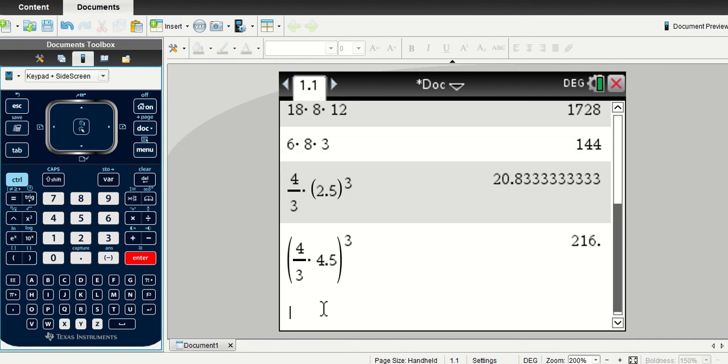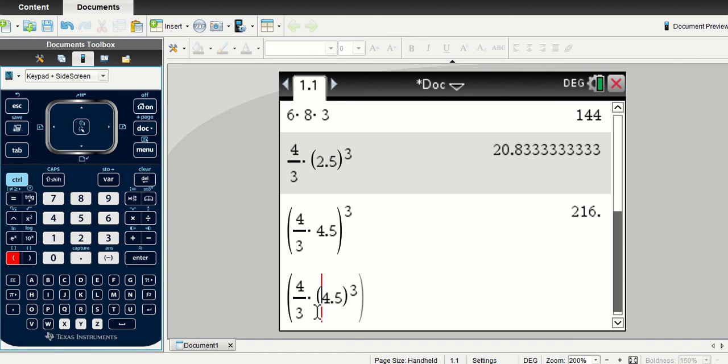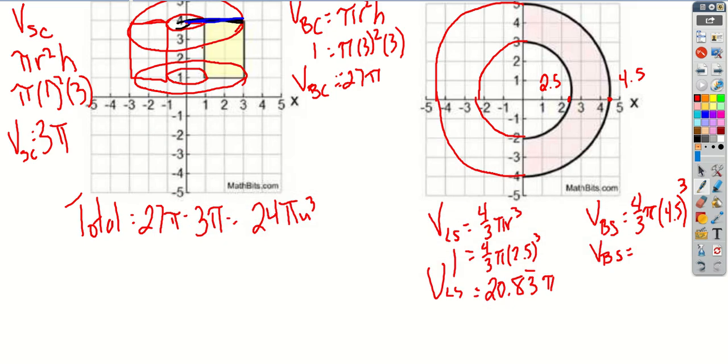Now careful, because I cubed the whole thing instead of cubing just the 4.5, I'm going to go back in front here and put a parenthesis in there. And so I get 121.5 pi.